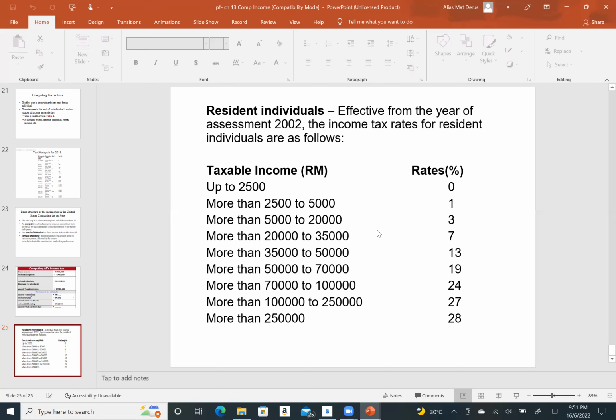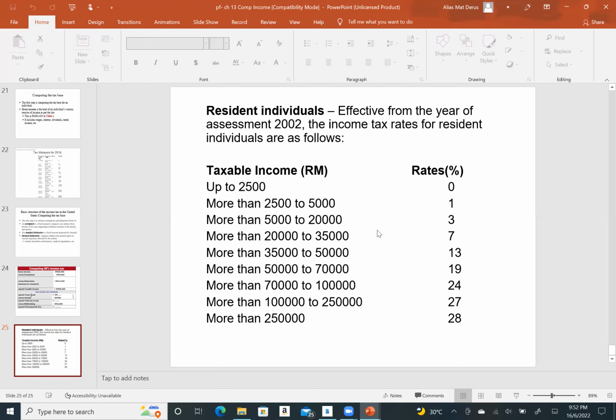Now, what can you say about the different brackets? As income increases, rates also increase. That's number one. As the income bracket increases, the rate also increases.